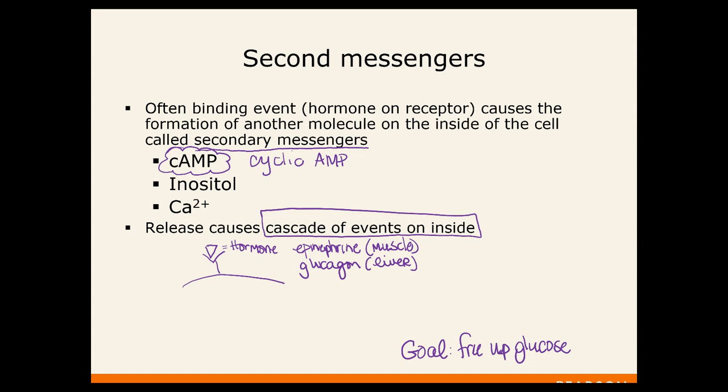And one of them will be to produce, from our hormone, that's our primary messenger, a secondary messenger. And then there's also going to be a huge number of chemical changes that go on. Ultimately, the goal is to free up glucose. There are a lot of details not shown here. That's just the big picture. So this is our big picture.